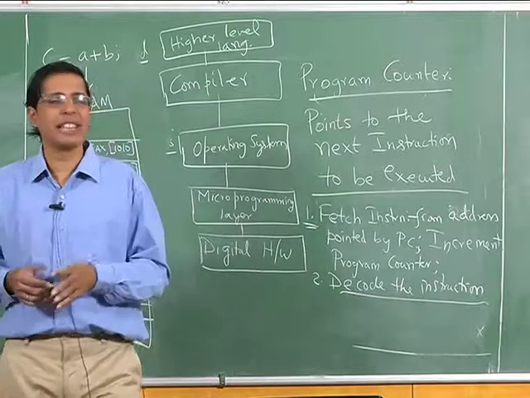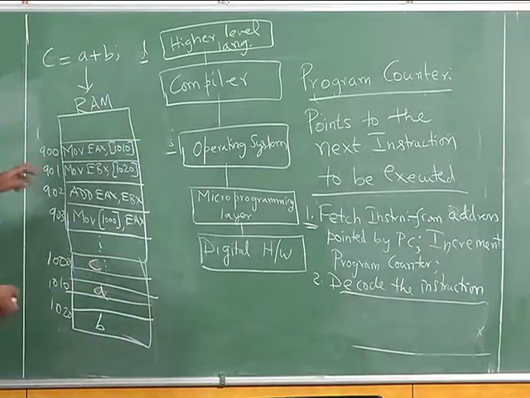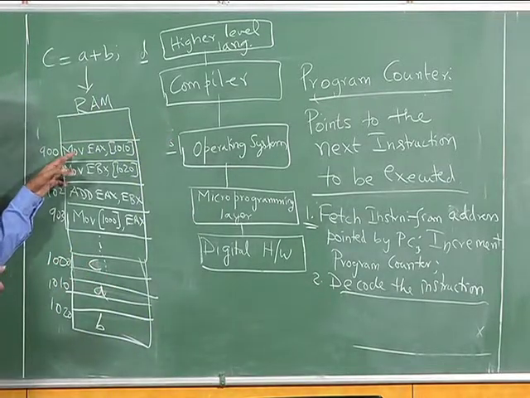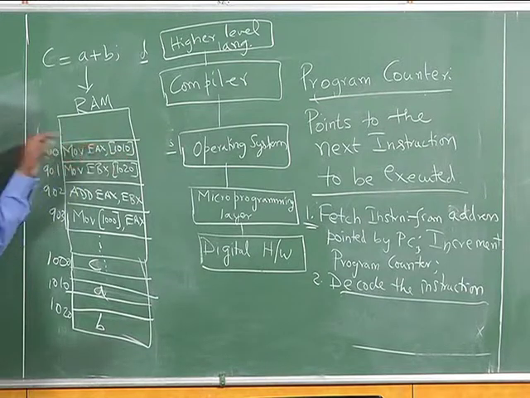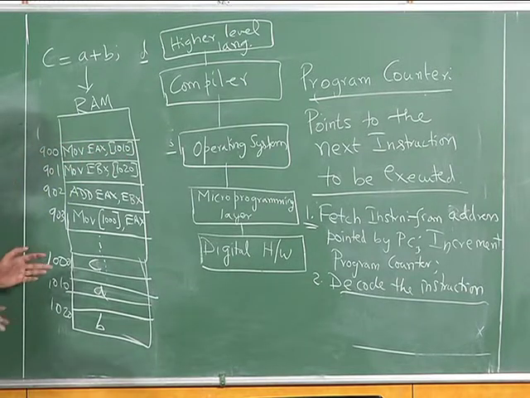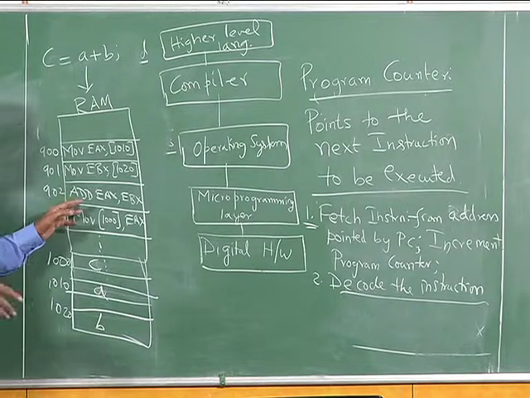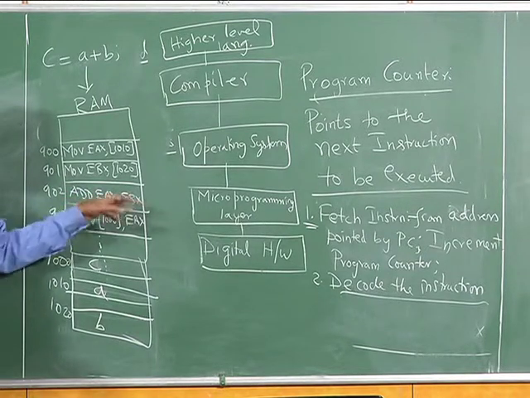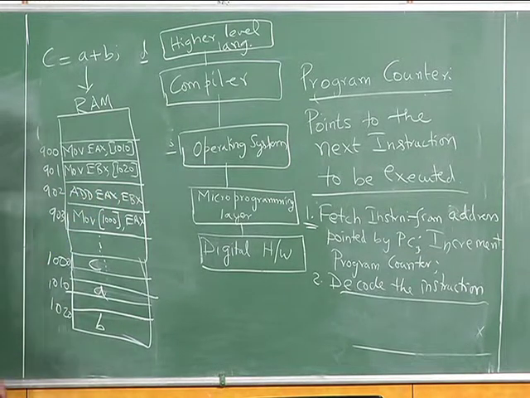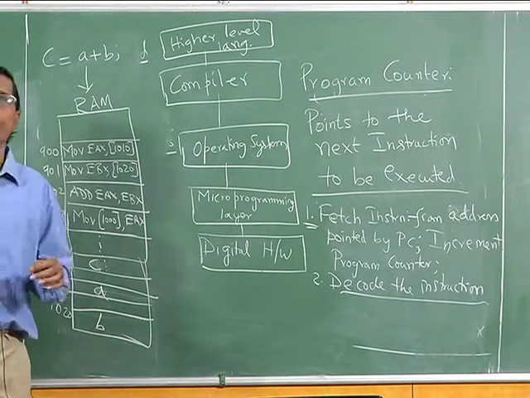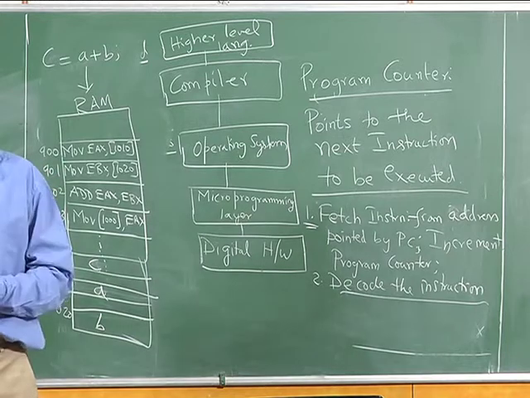At the end of this stage, the hardware will know that it has to move data from 1010 to EAX. At some point the hardware will know, when it is executing, that it has to add the data that is in EAX and EBX. So after decoding the instruction, the hardware will know what exactly it has to do.